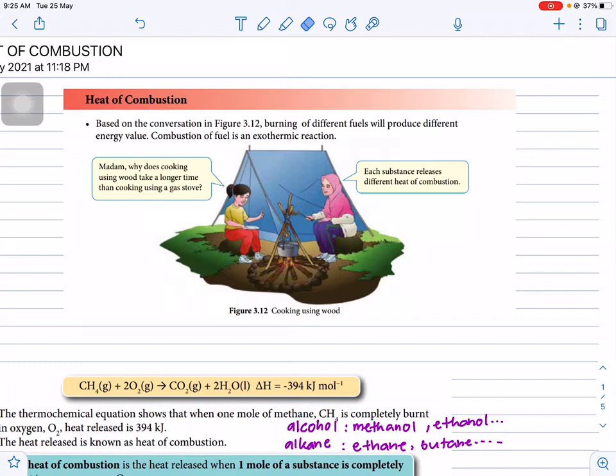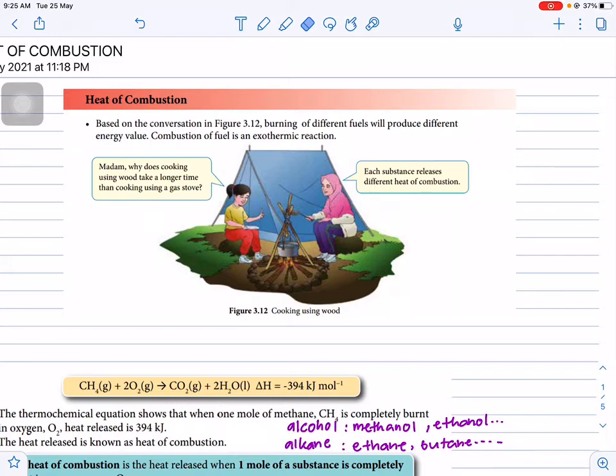we normally use our gas stove for cooking. Okay, but why, when you try to cook meat using a gas stove, is it much easier and much faster than using charcoal to heat up or to cook our meat?